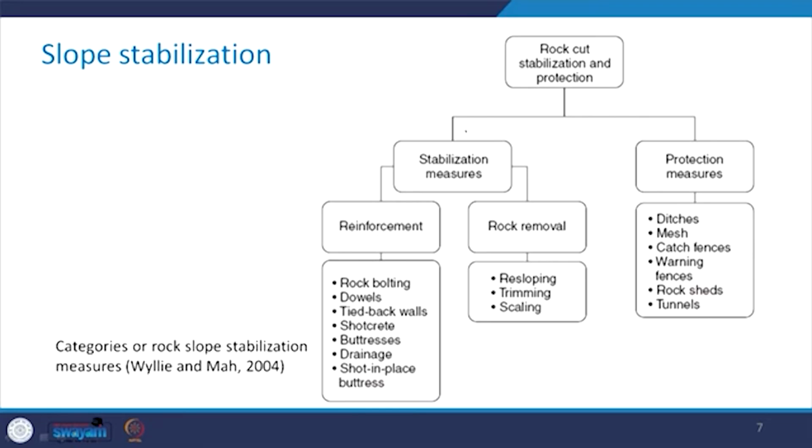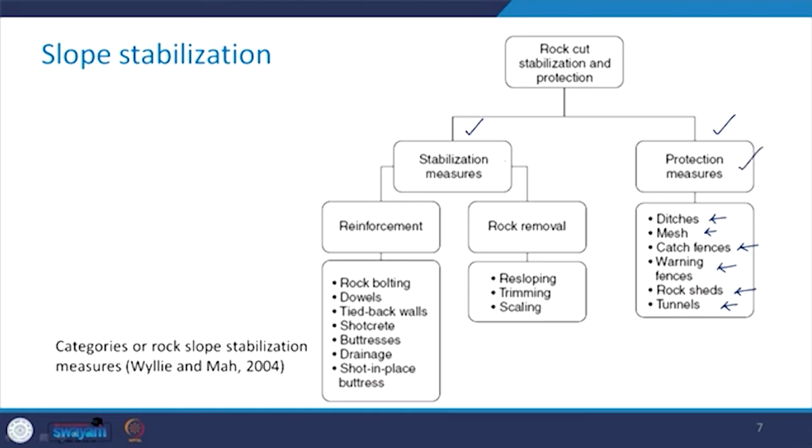One deals with the stabilization measures, another one with the protection measures. As far as the protection measures are concerned, ditches, mesh, catch fences, warning fences, rock sheds and tunnels are used as the protection measures.